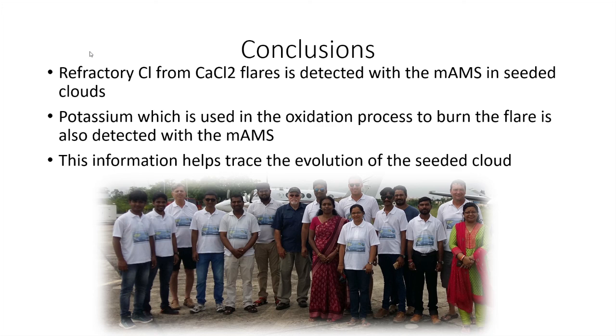So this information helps us basically to trace this cloud parcel. And then, of course, we have a bunch of different parameters that we're measuring so that we can see how that cloud parcel evolves. We have chemical speciation within the cloud with the mini-AMS, and of course, we also have various cloud droplet properties that we're measuring as well.